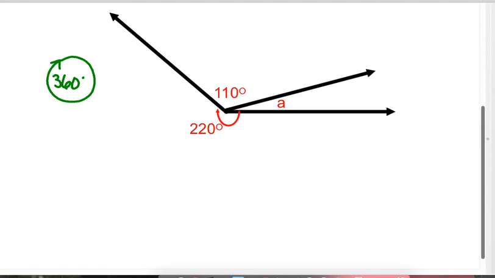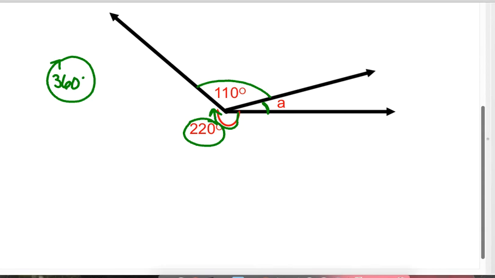So if I'm looking at this design, I see here I've got angle A, which seems to be an unknown degree measurement. I have another angle here. Looks like it's 110 degrees. And then on what looks like the outside of these lines, the outside of this design, I know that from here all the way to here is 220 degrees.